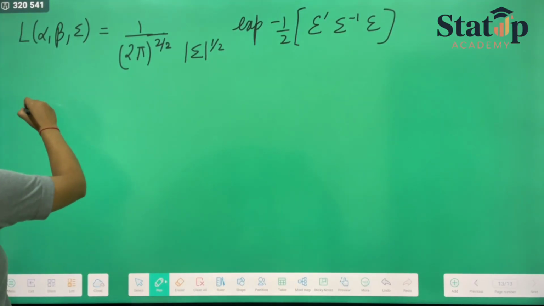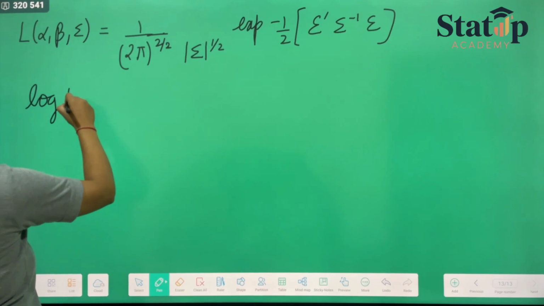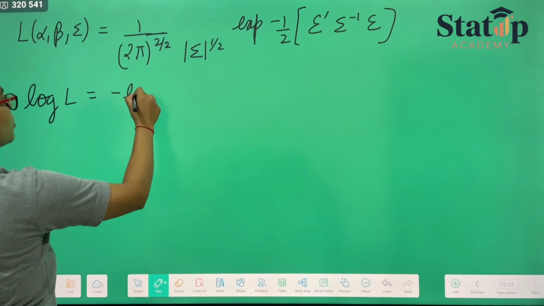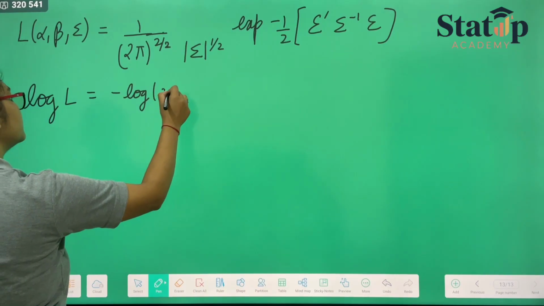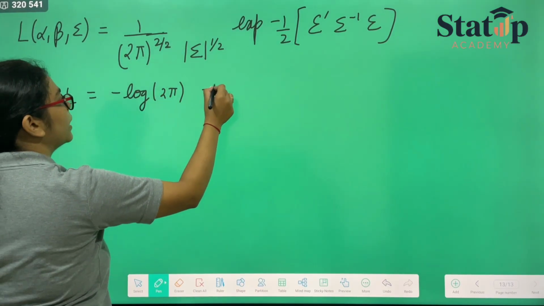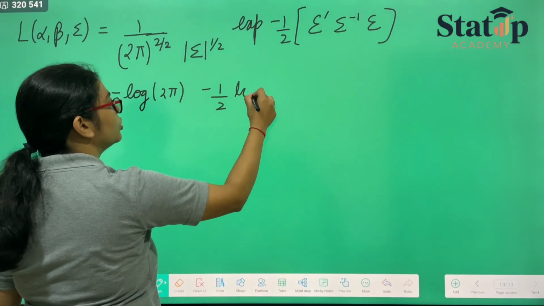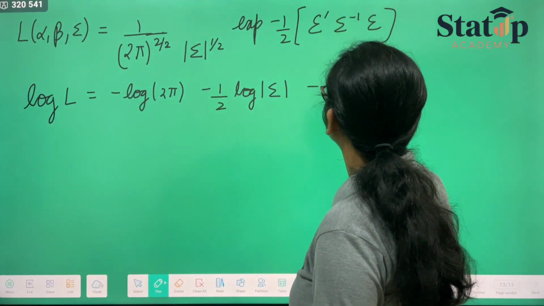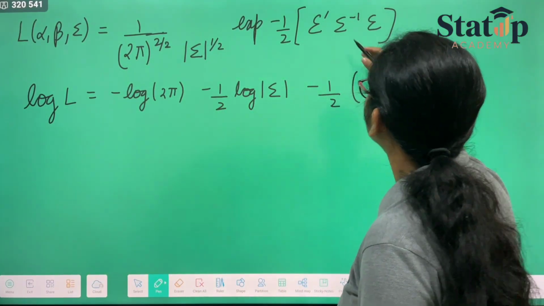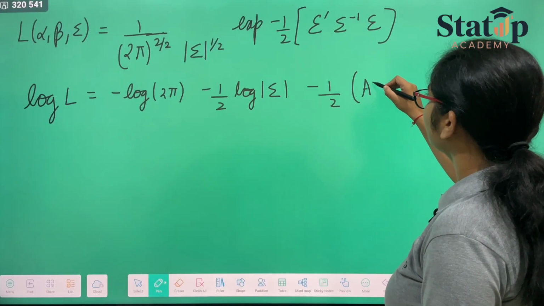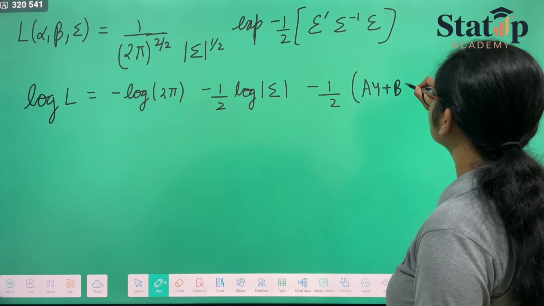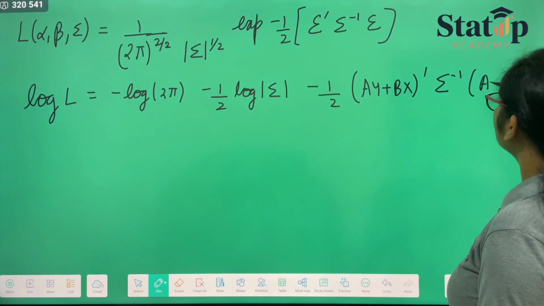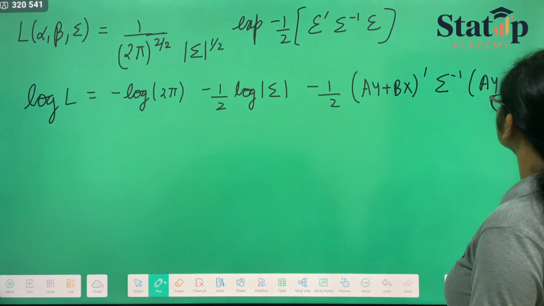So taking log of L, which will be minus log 2 pi minus 1 by 2 log of sigma minus 1 by 2 epsilon dash, which can be written as AY plus BX dash sigma inverse AY plus BX.